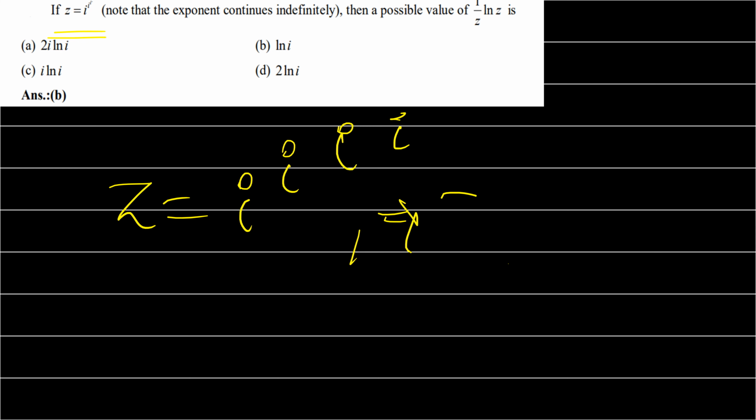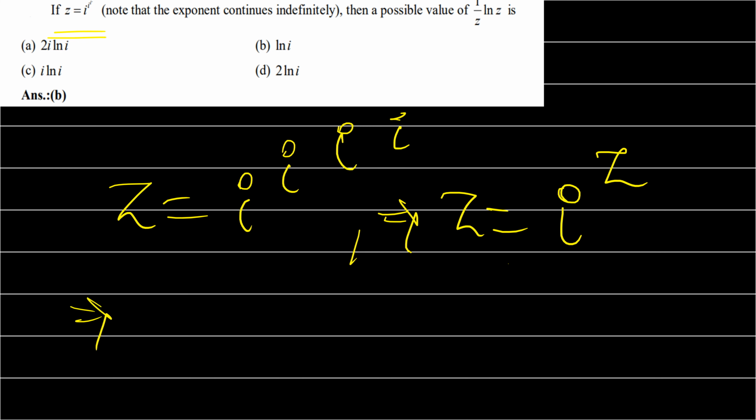Next, if z is equal to i to the power i, then a possible value of 1 by z ln z is. This is basically a simple question. Given z equal to i to the power i to the power i to the power i and so on, and it is given that the exponent continues indefinitely. So we can write z equal to i to the power z.